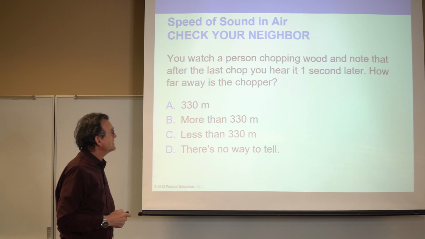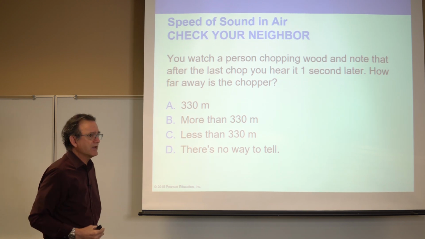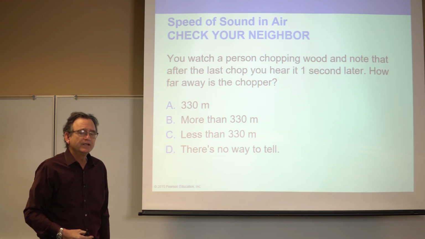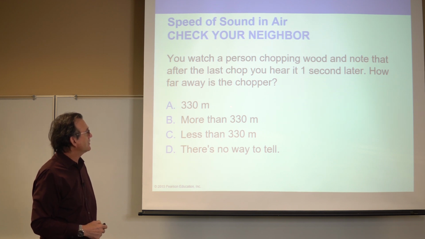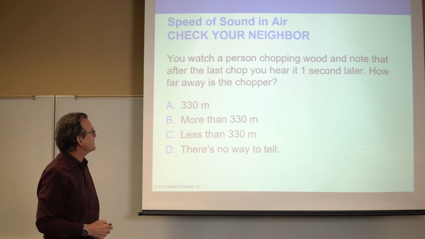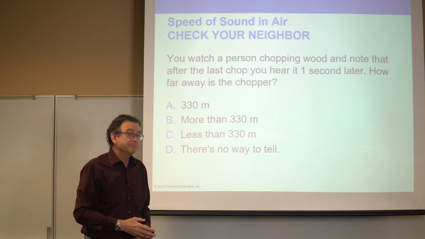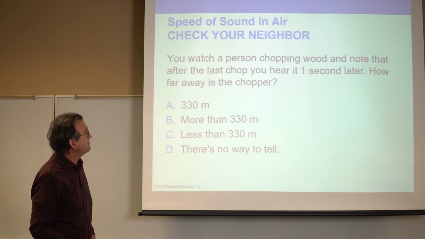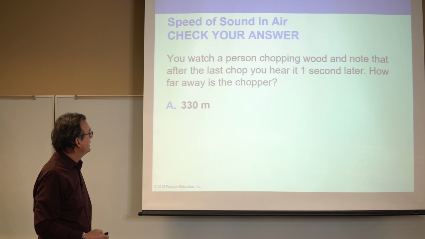But if it takes 1 second for us to hear the sound, we know that it was produced 1 second earlier. And if the speed of sound is 330 meters per second, then it should be 330 meters away, right? Because that's how long it takes sound to travel. And sure enough, we find that the answer is 330.